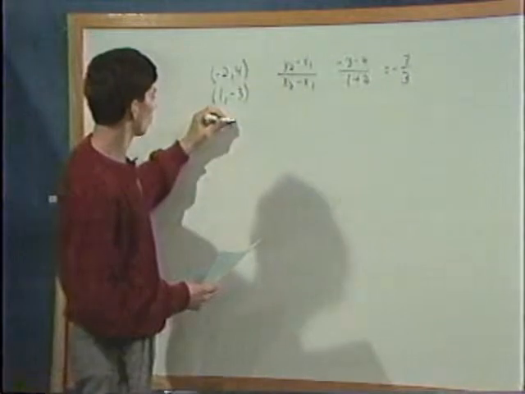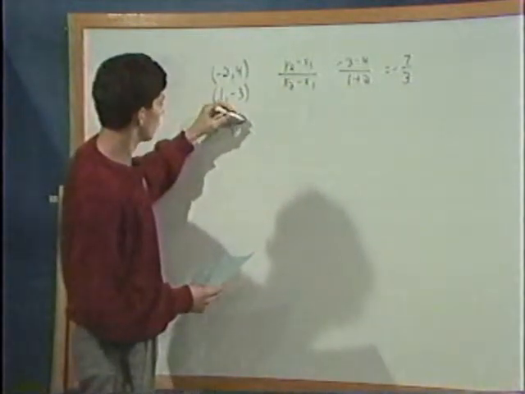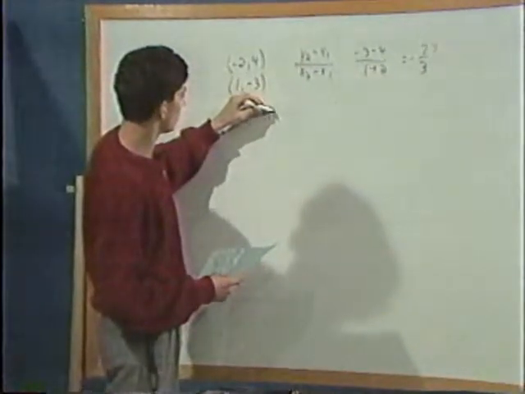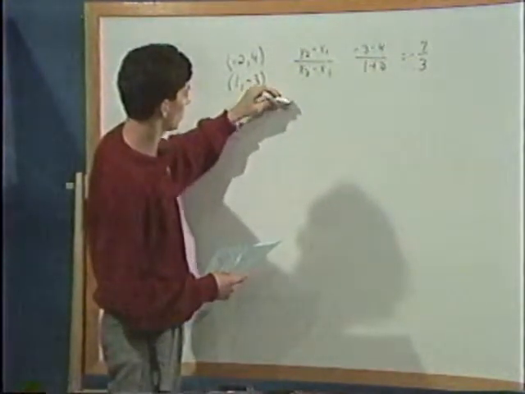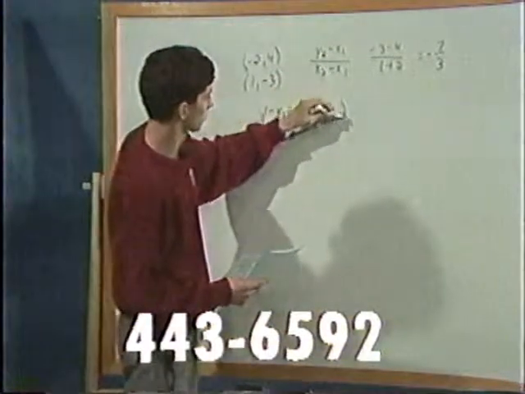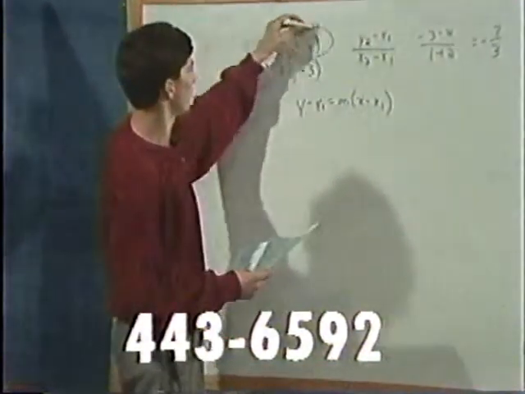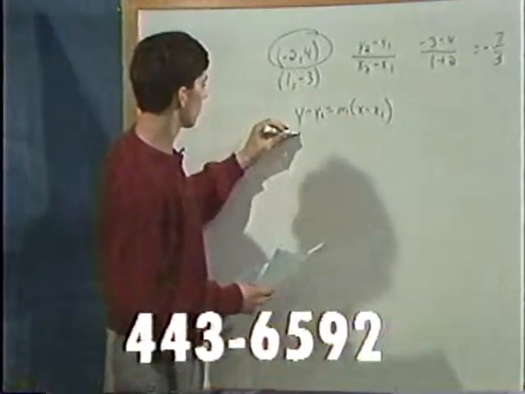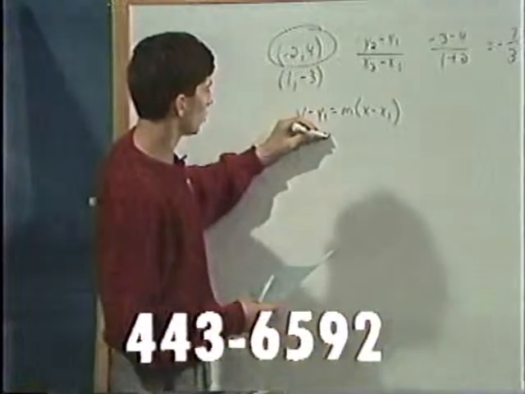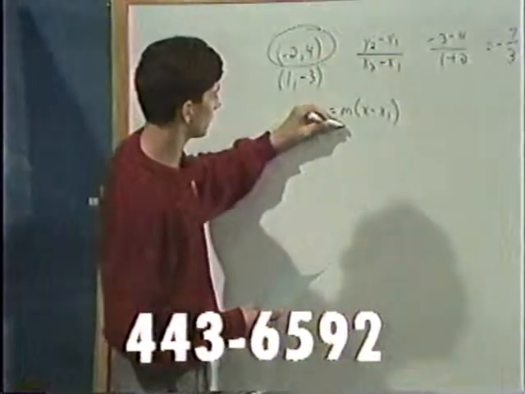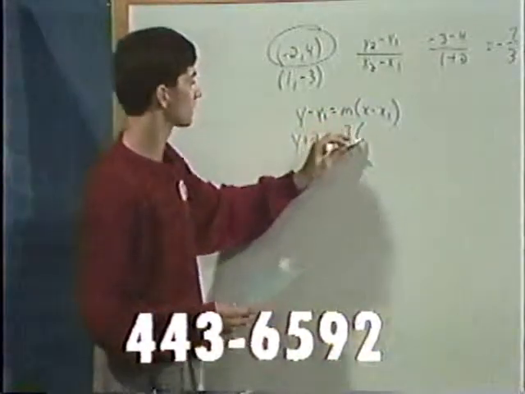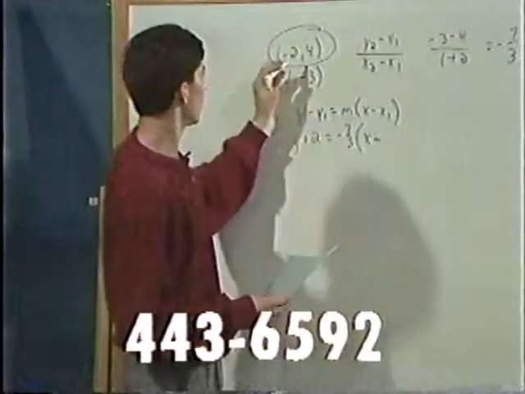The point-slope formula is y minus y sub 1 equals the slope times x minus x sub 1. We'll use this point here. So our y minus the negative 2 is plus 2 equals our slope, negative 7/3, times our x minus x sub 1.